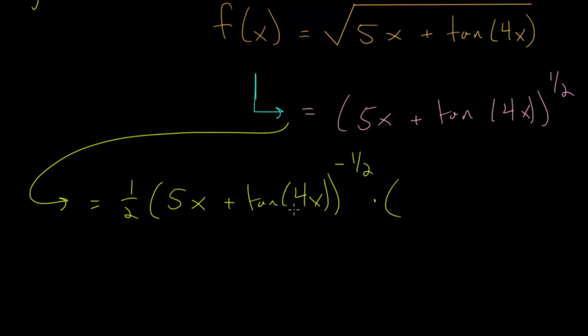And when you have a sum, you just take the derivative of each individually. The derivative of this would just be 5. We're using that power rule. The 1 comes down, 5 times 1 is 5, and we get x to the 0, and anything to the 0 power is equal to 1. So the derivative of this is 5, and the derivative of the tangent function is the secant squared, but we're using the chain rule since we have a function within a function.